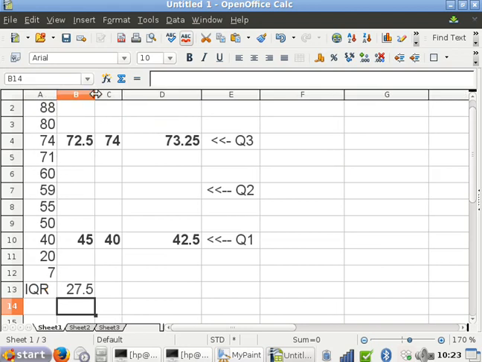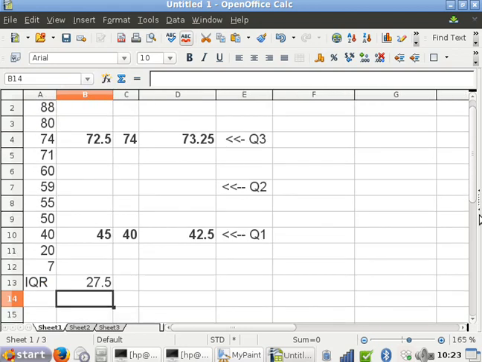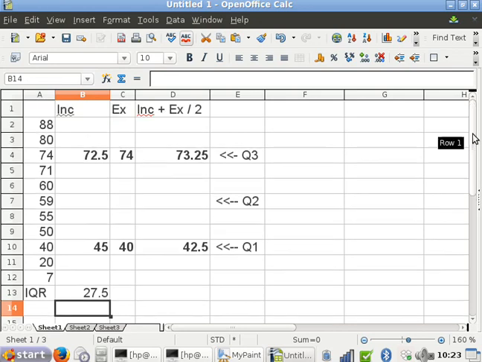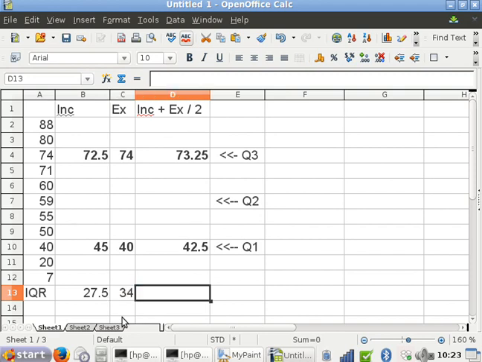Sorry, I need to zoom out a bit, don't I? Okay. So 72.5 minus 45, you get 27.5 using the first method. In the second method, it's 74 minus 40, so 34. And in the last method, it's 73.25 minus 42.5, 30.75.